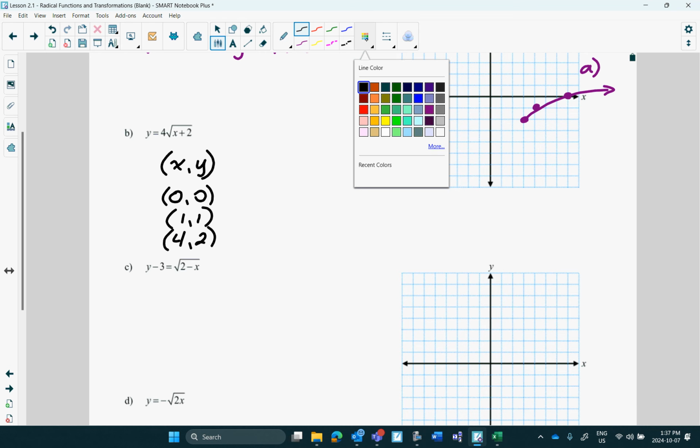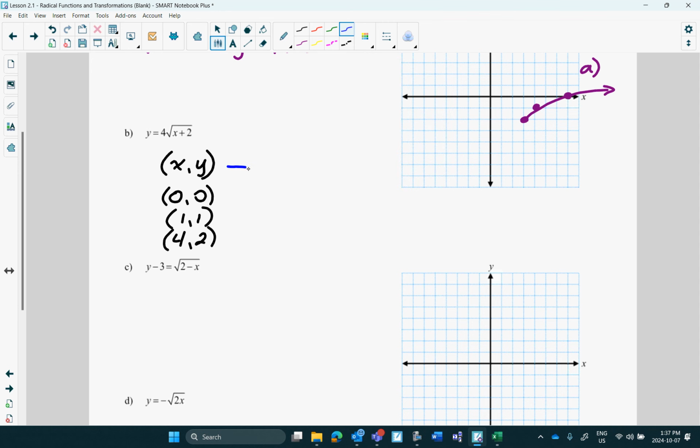And I'll do this one blue. What would be the formula to change every point? x minus 2, because we're taking every x and moving it 2 to the left. 4y, because we're taking every y and multiplying it by 4 because it's stretching. Good.